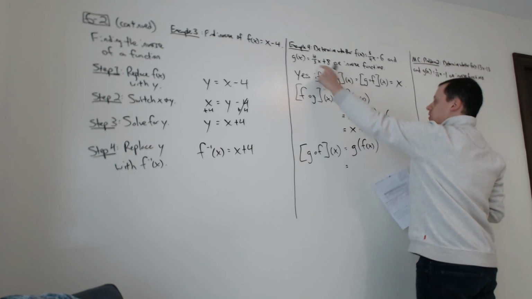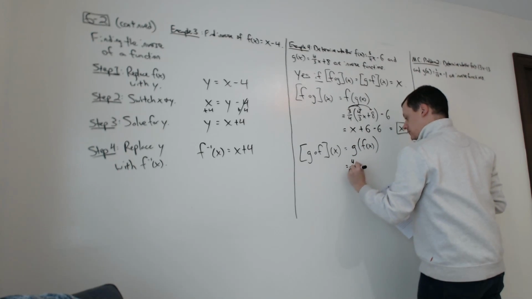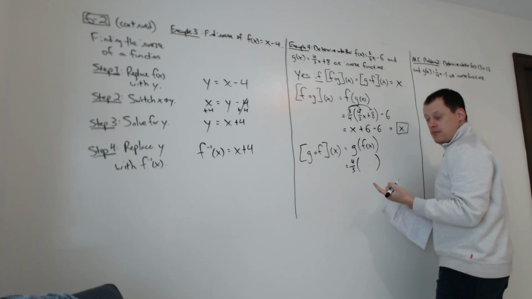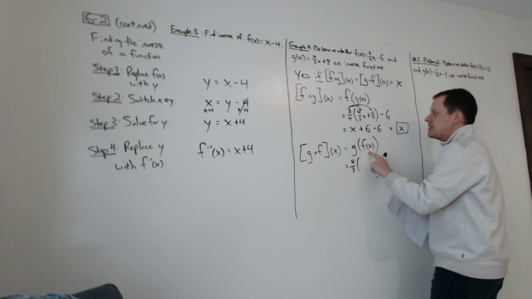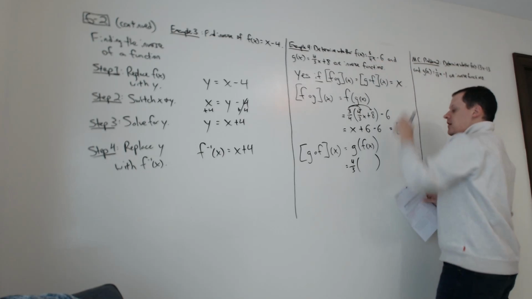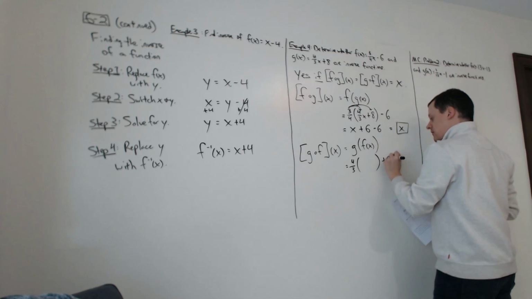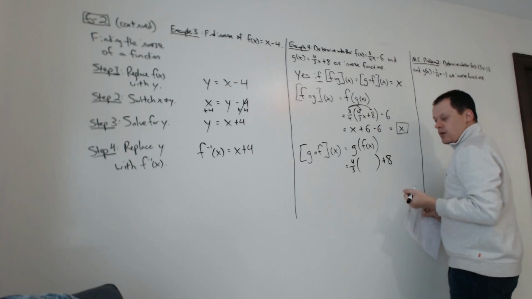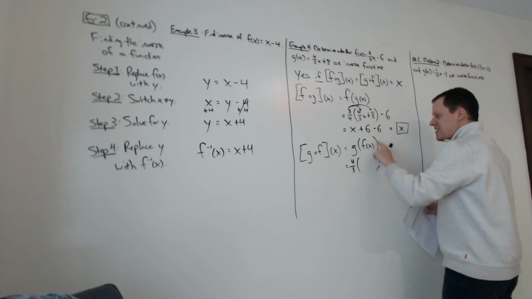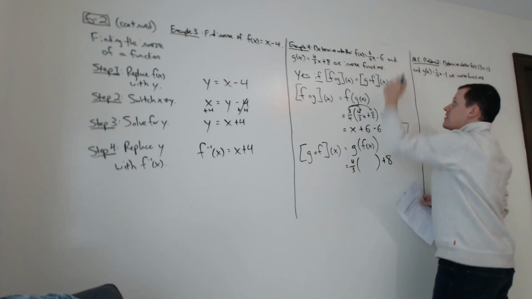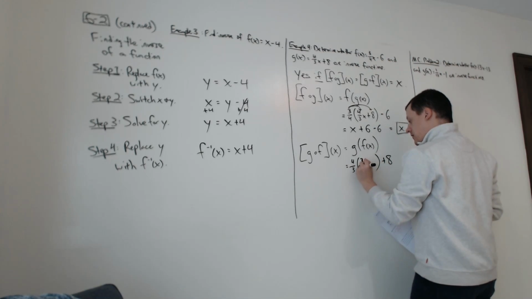So we're going to have 4/3 times whatever we're plugging in. 4/3 times something plus 8. And what we're putting in these parentheses is f of x, which is 3/4 x minus 6.